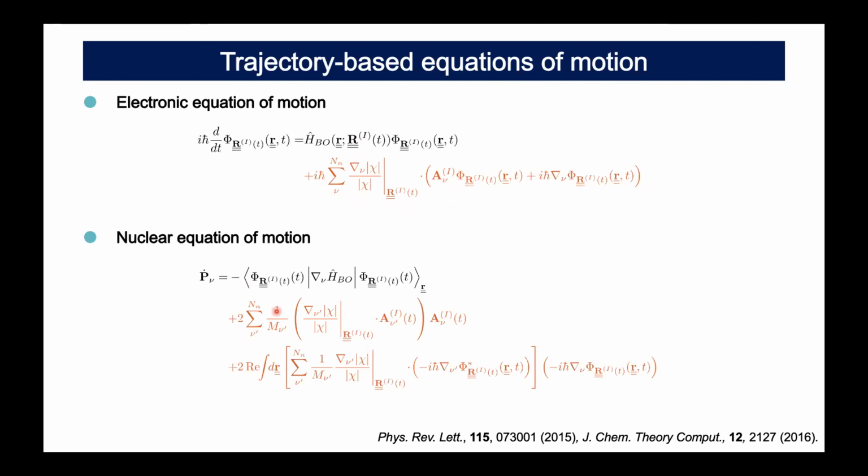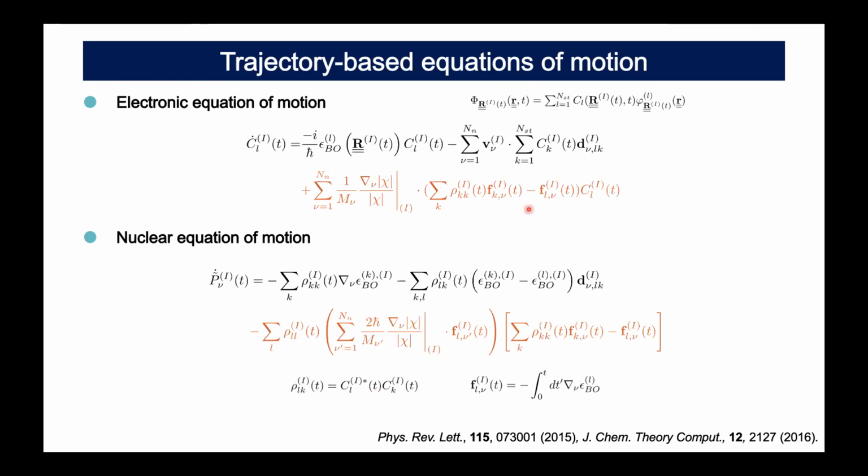So we were happy. We tried to solve these two coupled equations for the model Hamiltonian. Further, we introduced the Born-Oppenheimer expansion, with the coefficient C_L here. Then we can write a more practical equation of motion.